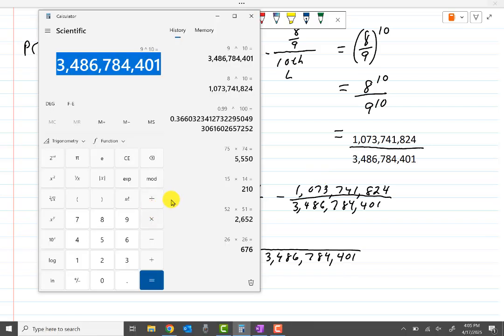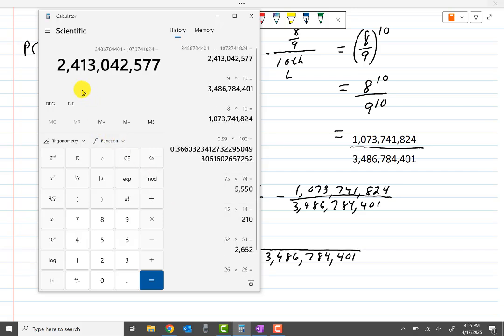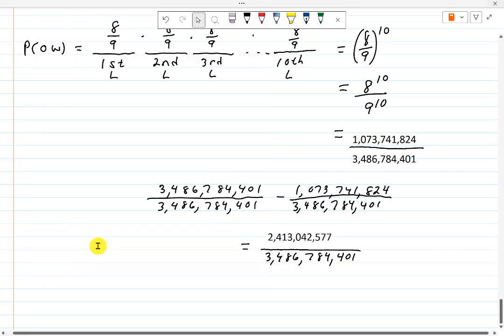Well, luckily I've already got that in there, so I can just subtract from there, minus 1,073,741,824, and I get that number. Once again, I let my calculator help me out a little bit with the writing of the number. You don't have to simplify if you don't want to. My guess is if you encounter a problem like this in the homework, they will let you go decimals all the way since you have so many things being taken to a large power.